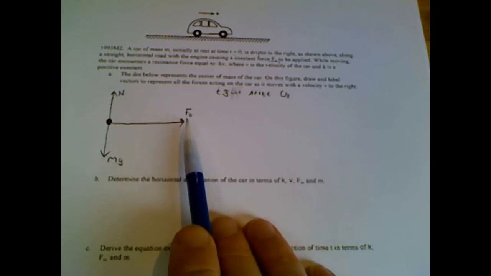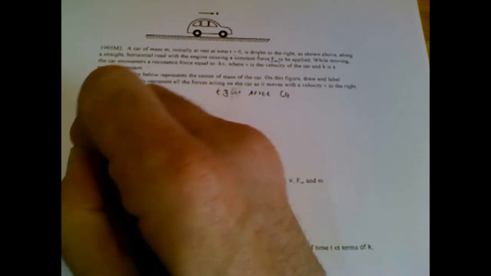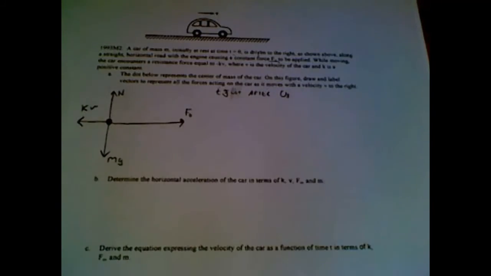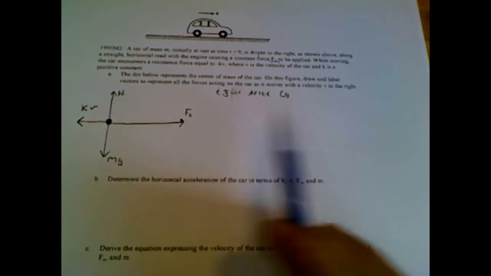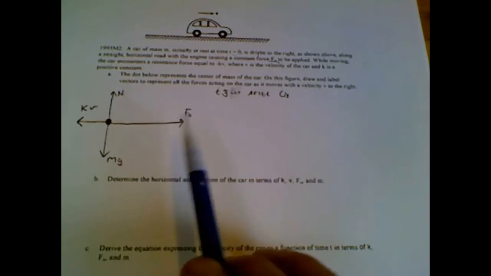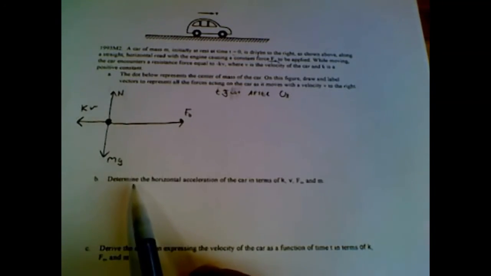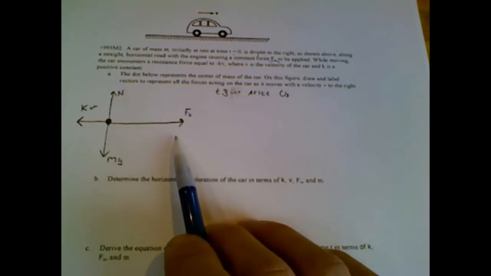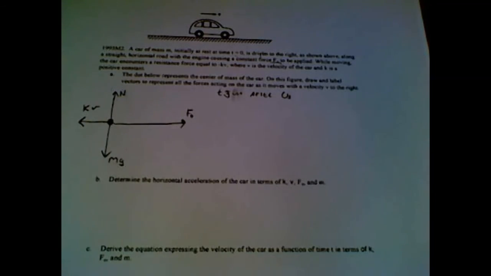So based on my diagram, I want F naught to be bigger than kV, which is my resistance force, almost like my frictional force, and I'm labeling that kV. Now, I don't think you would need to do that, but based on their ambiguous directions, as the car moves to the right, at some point those two forces are probably going to be equal and opposite. But based on B, determine the horizontal acceleration, I'm assuming they want me to show that this object is accelerating. And F naught bigger than kV shows that acceleration.